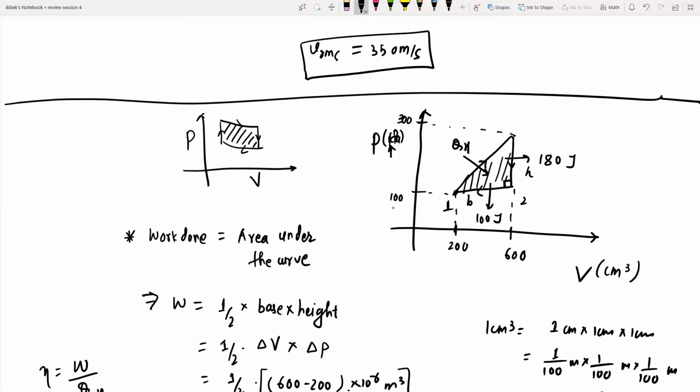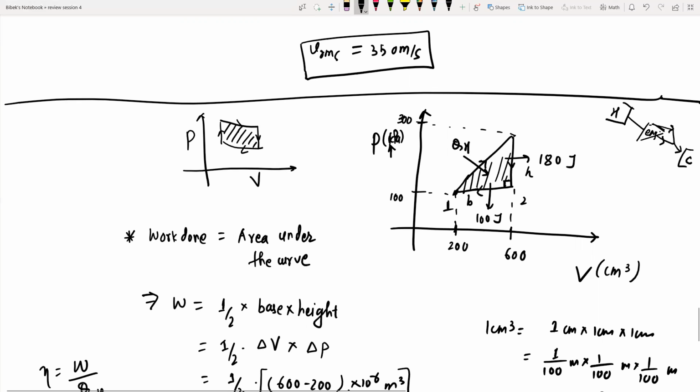So if you imagine this should be a heat engine, this is your hot reservoir, and this is your engine. Overall, the two heats are coming to this direction, and this is your cold reservoir. If you add these two heats, 180 joules and 100 joules, then that will make the QC, because this is the heat coming out into your environment or to your cold reservoir.